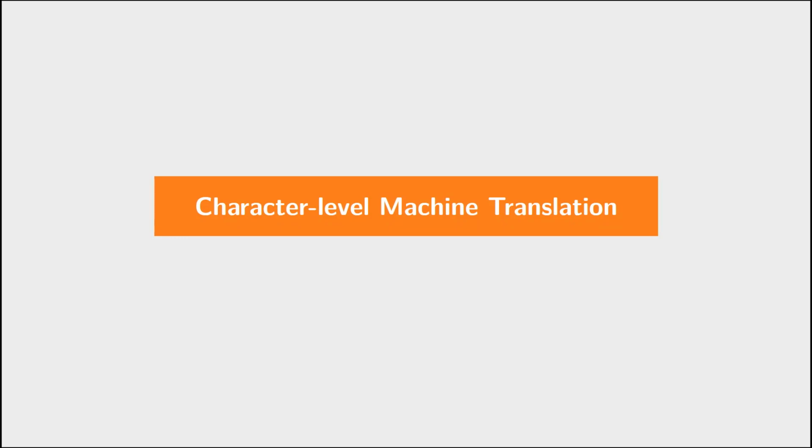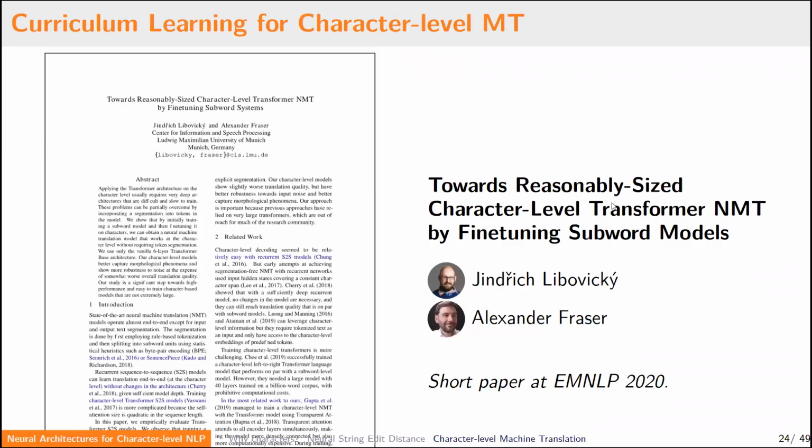All right. So let's talk about machine translation now. The stuff I'm going to talk about is based on 2 papers. One is about training character level models by starting with subword models.